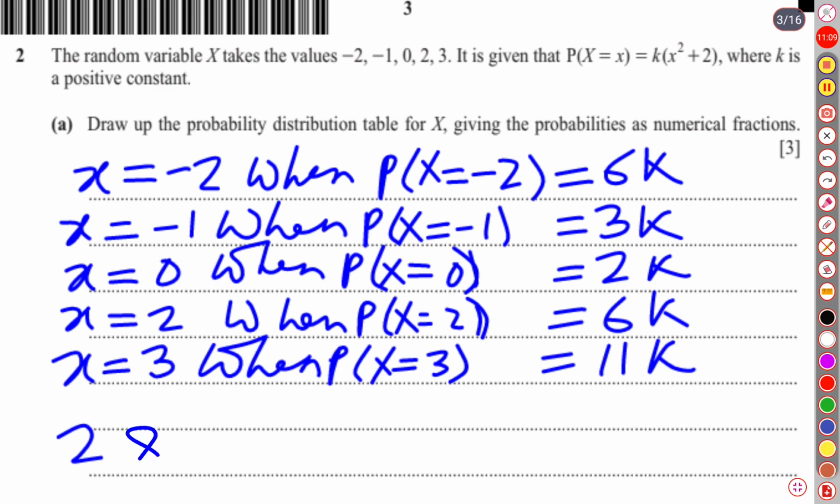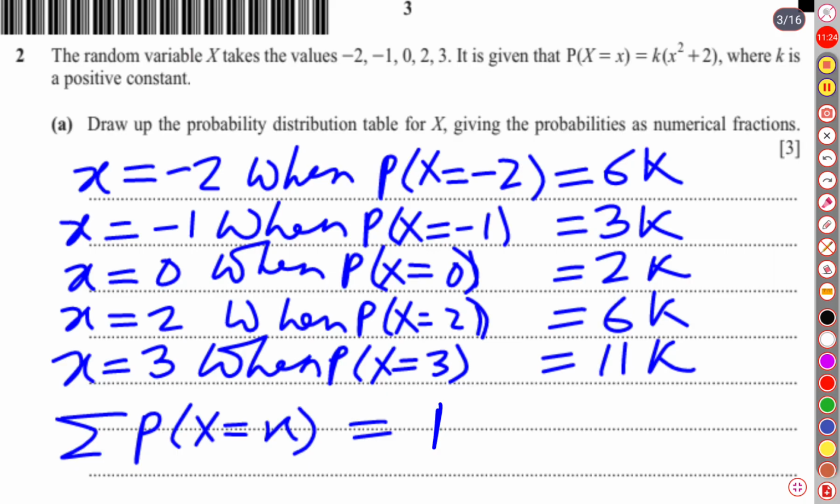Or if I write with proper notation, the sum of the probabilities of X equal to x is always what? 1, isn't it?